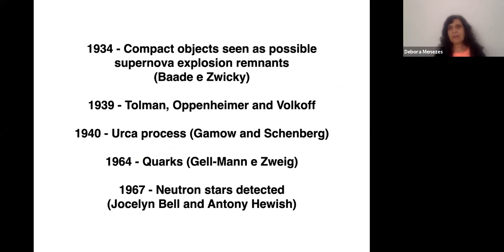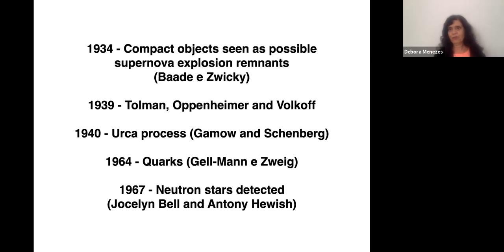In 1939, there were some theoretical calculations done by Tolman, Oppenheimer, and Volkoff, two different calculations that both pointed to the description of a static fluid that could describe these neutron stars, in such a way that if one had an appropriate equation of state, then these equations would result in macroscopic properties like mass and radius.